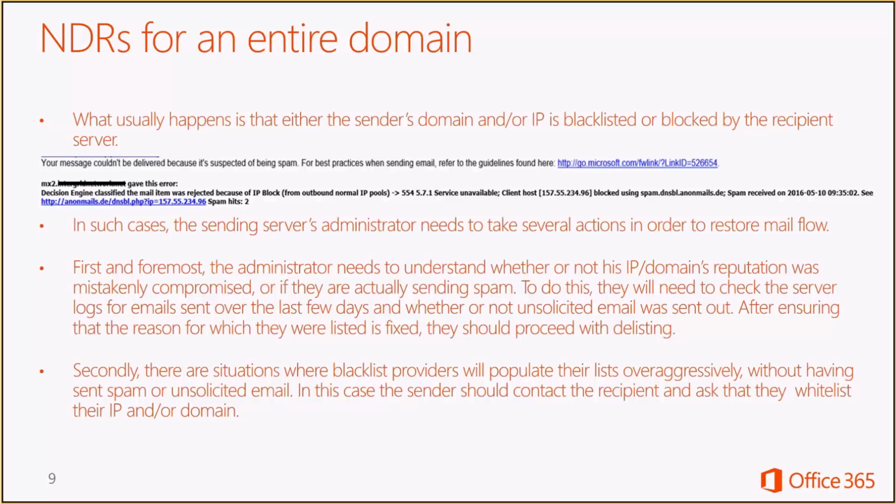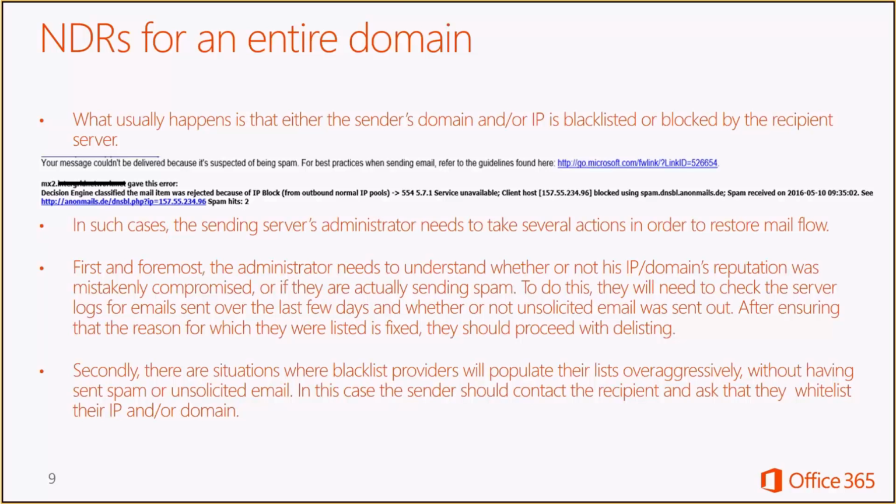These are lists that are populated overaggressively without following industry standards and best practice. The thing to do is to ask the recipient to either whitelist your IP or just stop using these block lists altogether, because usually delisting is not an easy process to do.